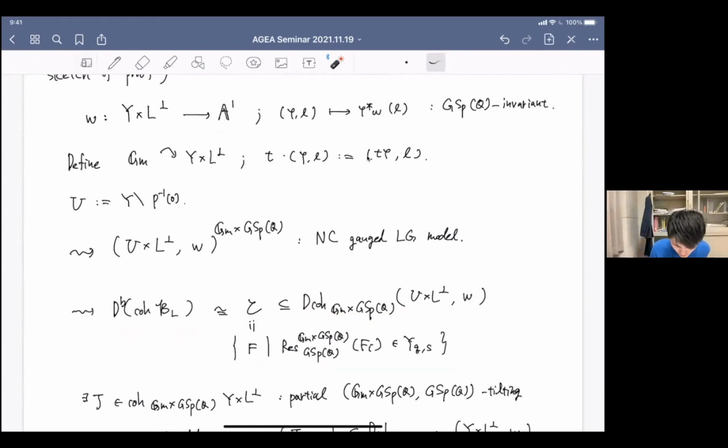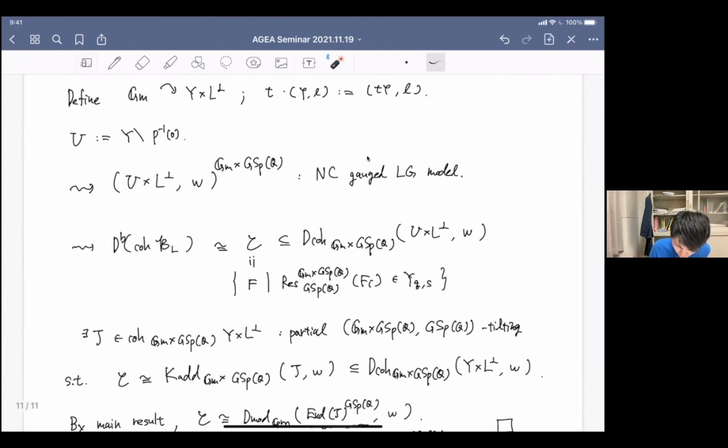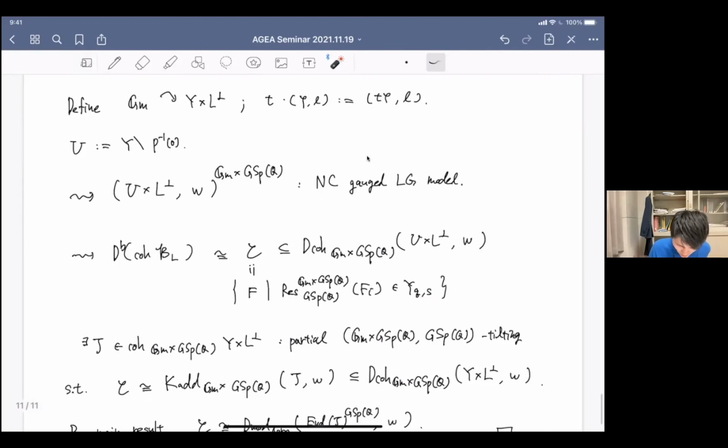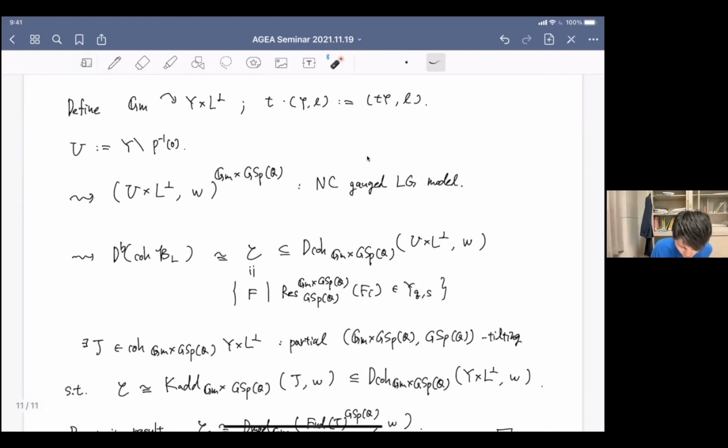So C consists of factorizations such that the restriction of each F_i is in Y_{Q,S}.